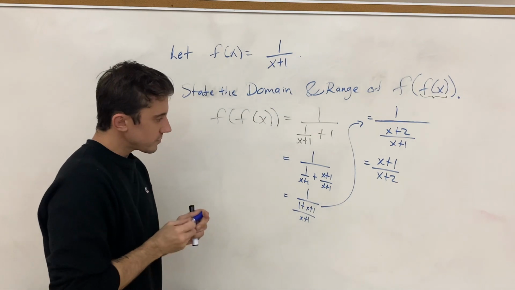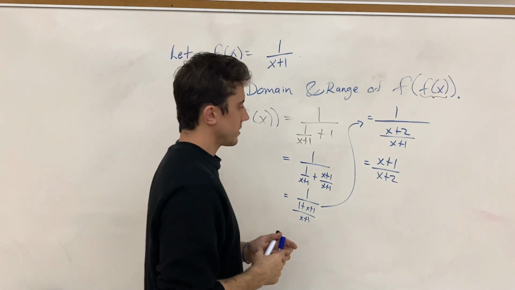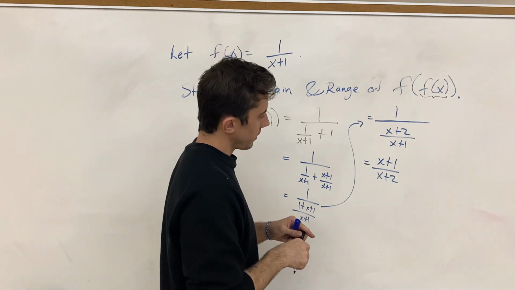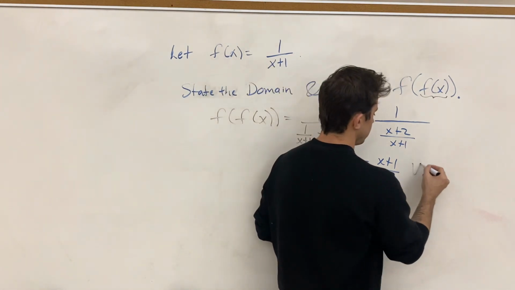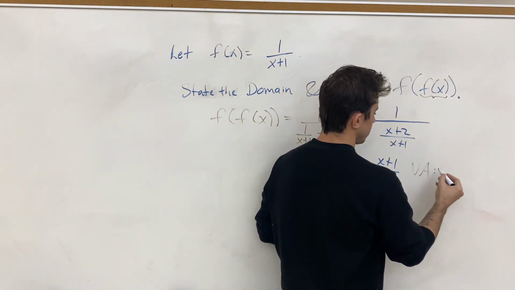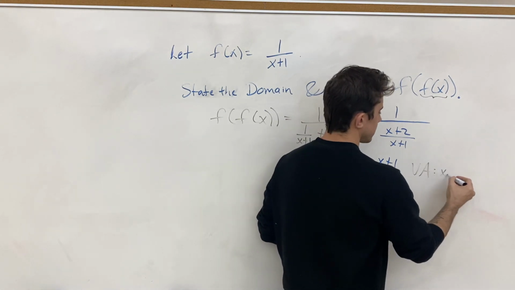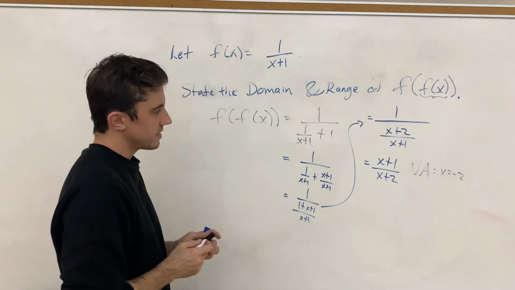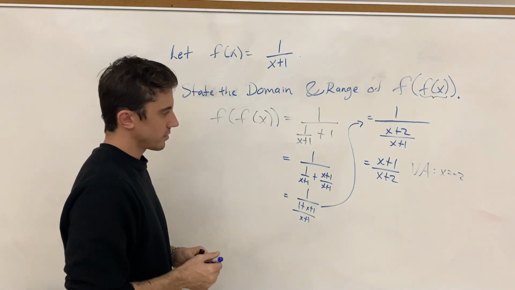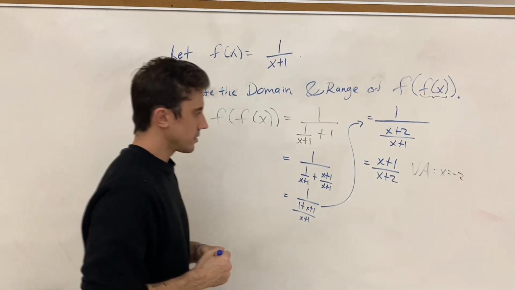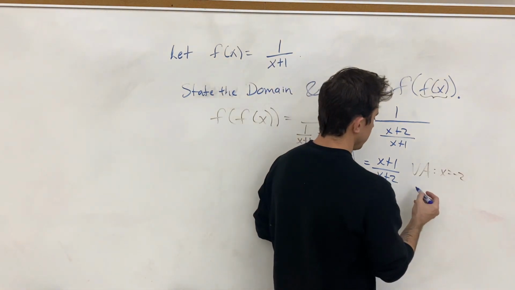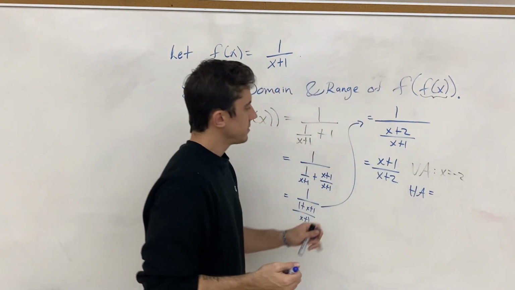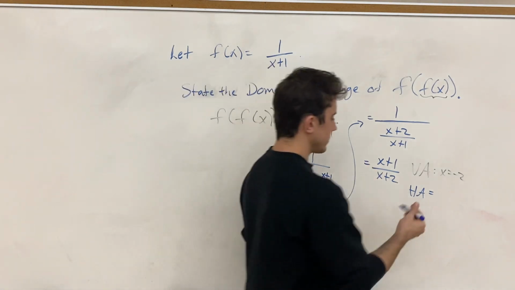Okay? So that means that we have a vertical asymptote at x is equal to -2, right? This is a linear over a linear, and so that means we're going to have a horizontal asymptote at 1 over 1, so y is equal to 1, right?